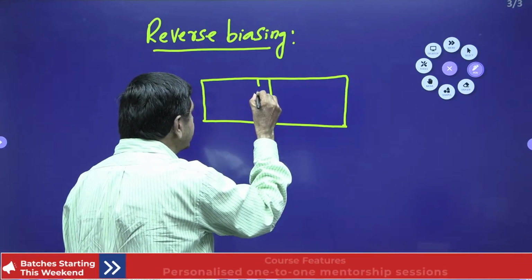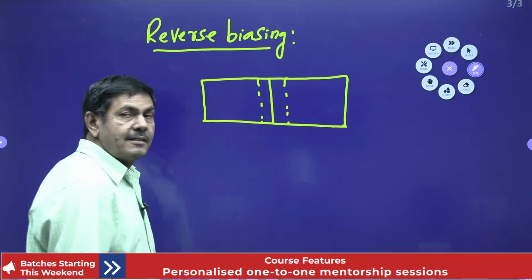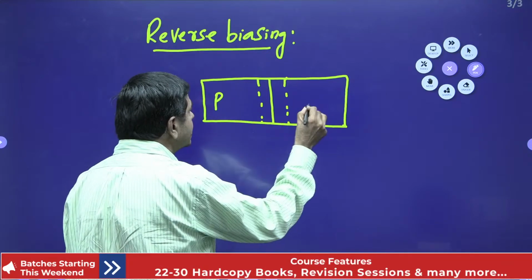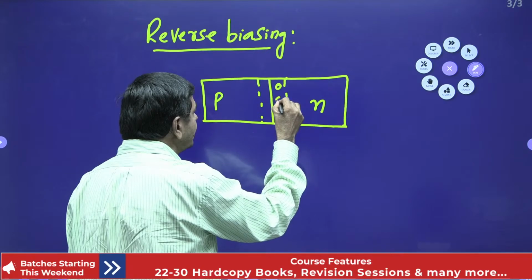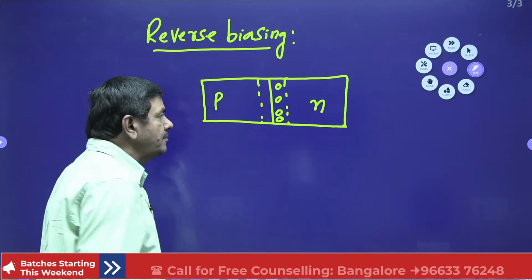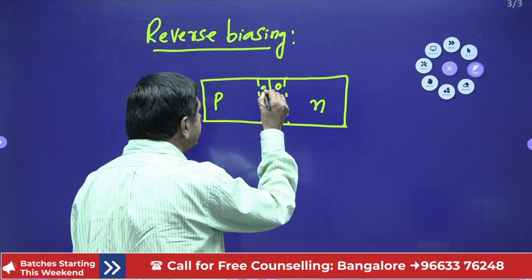There is a depletion layer here. In the depletion layer, this is P-type material and this is N-type. Holes move from P-type to N-type and create positive ions, and negative ions are formed on this side.